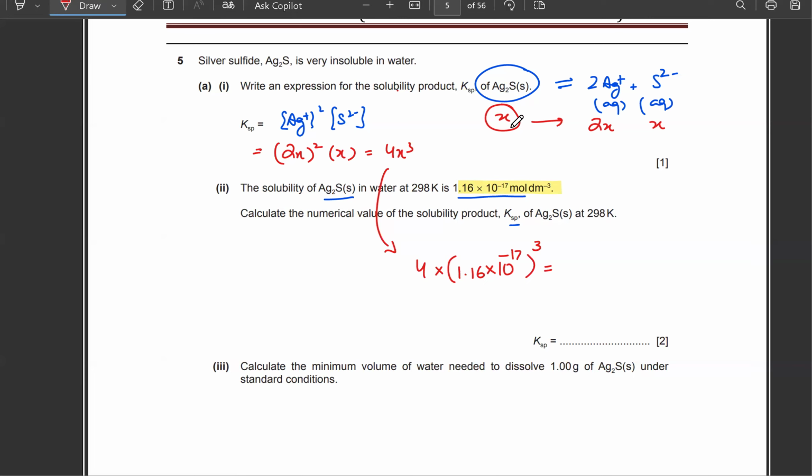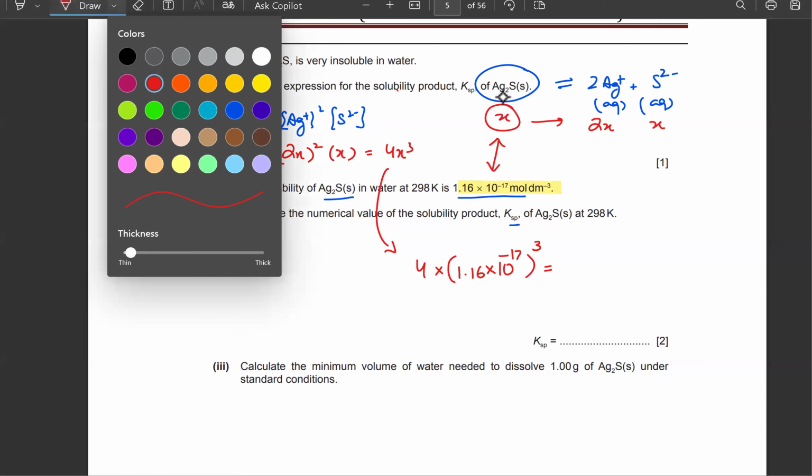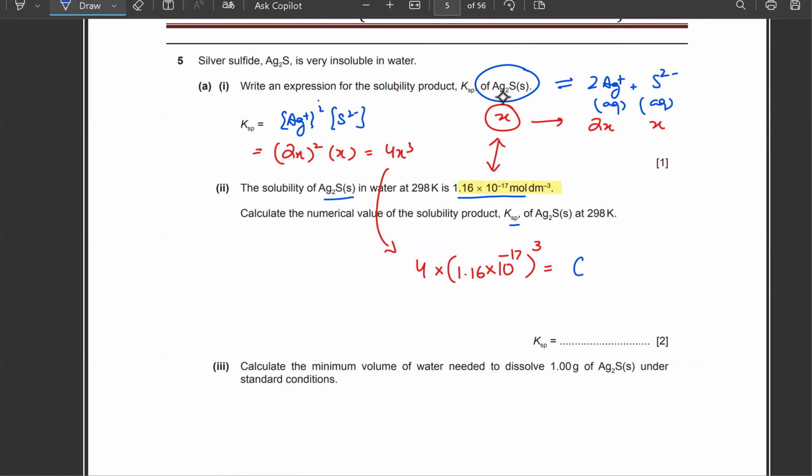X was the solubility, right? The answer is 6.24 multiplied by 10 to the power minus 51. That means it's very, very insoluble. The unit would be mole cubed dm minus 9, concentration squared into concentration.